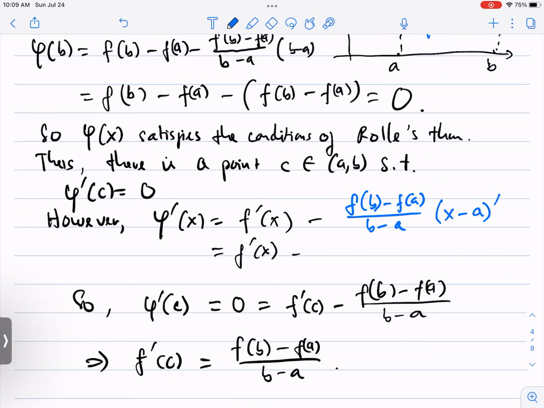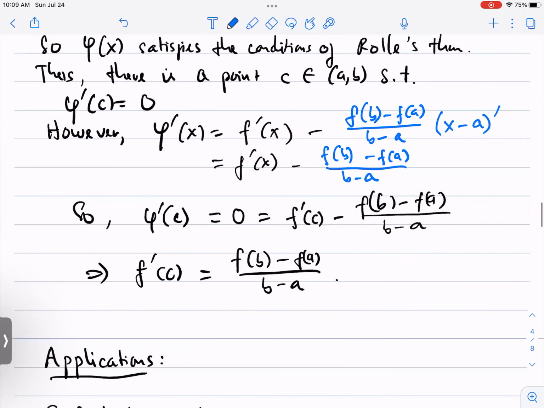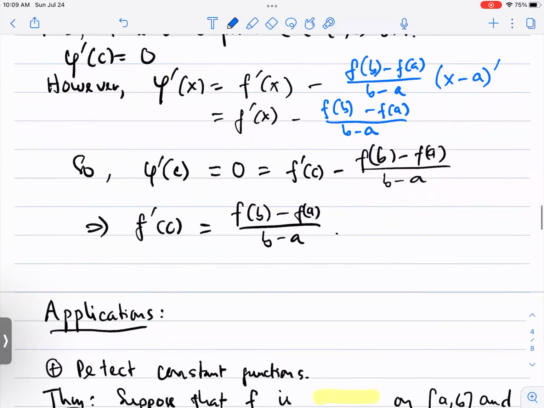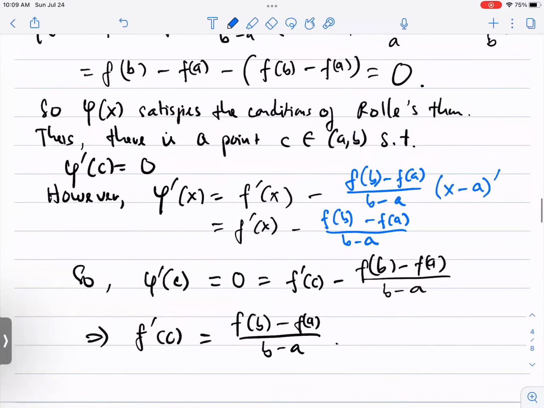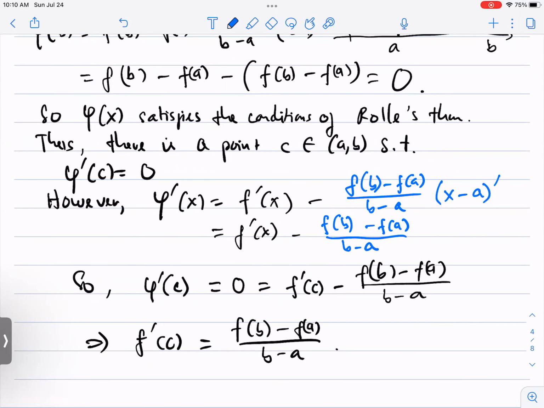So phi prime of x is equal to f prime of x minus (f(b) minus f(a)) divided by (b minus a). So on one hand, the derivative of phi at the point C is equal to 0. On the other hand, that is equal to f prime of C minus this quotient. That's why at the point C, f prime of C must be equal to this quotient. So that is the proof of the mean value theorem.